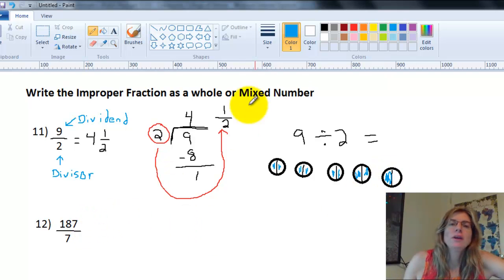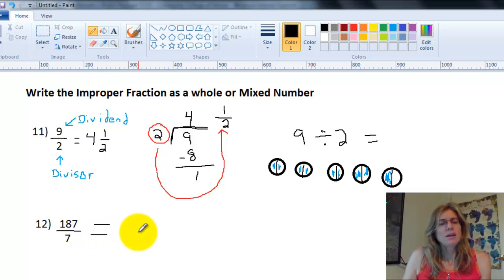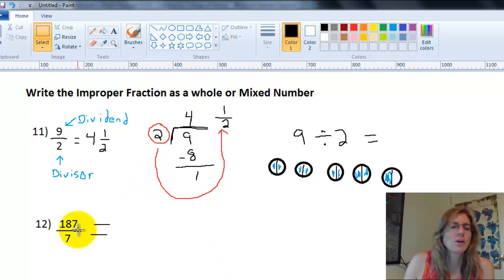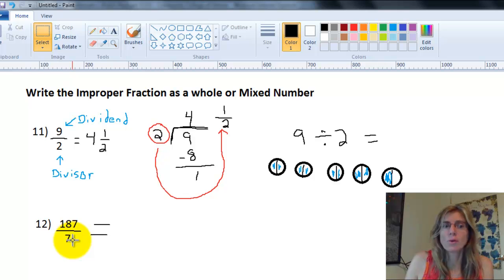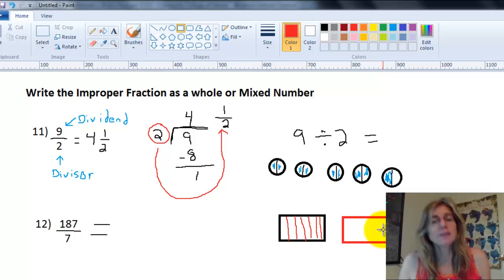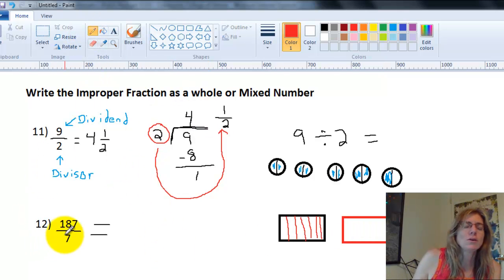Now for this problem down here, 187 divided by 7, if you wanted to draw out whole pieces, we would have to take many wholes and cut them into 7 pieces. We could keep drawing, but the math in this situation is really the only reasonable way to do this problem.